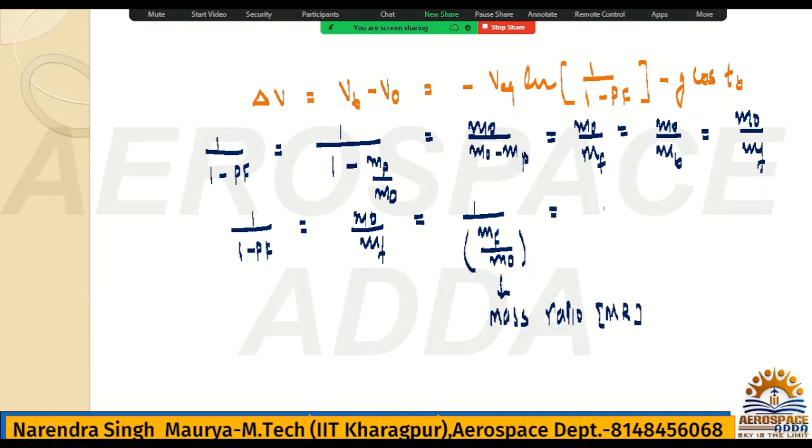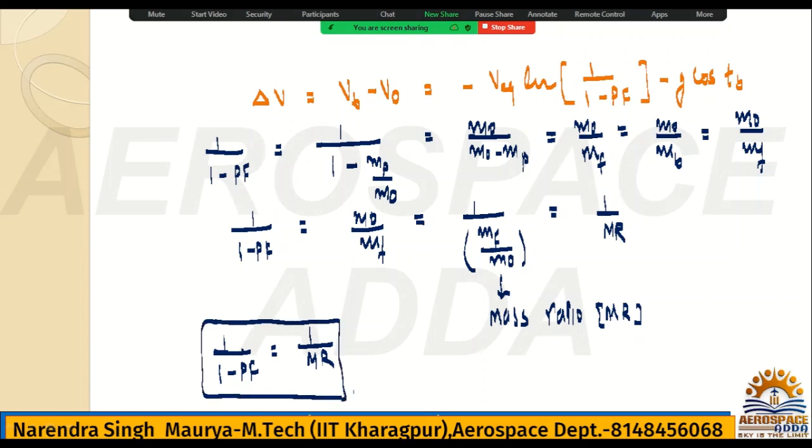So 1 upon 1 minus PF is nothing but 1 upon MR. MR is the mass ratio.